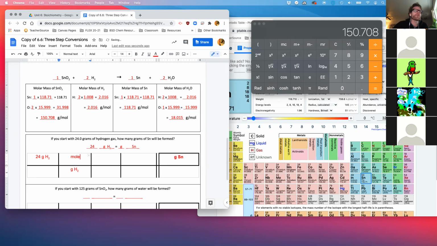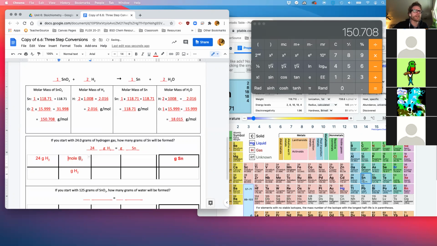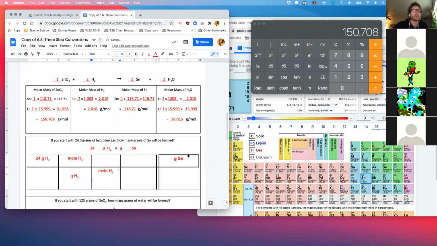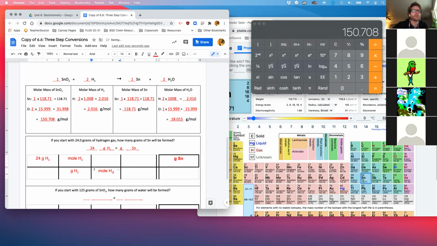I have grams of H2 right here, I need to get into moles of H2. I'm talking about hydrogen, but I need to talk about Sn. So I need to get it into moles of Sn, and then I can get it into grams of Sn. Okay, my units cancel out.